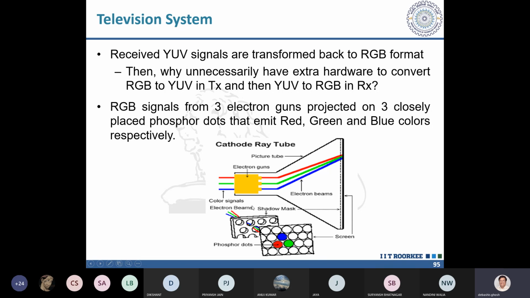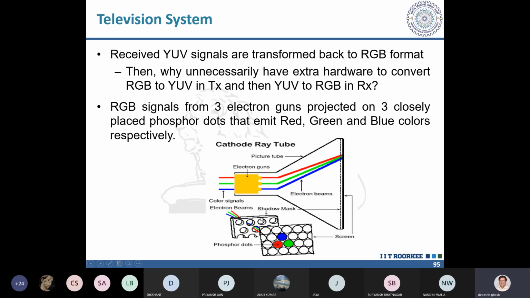Okay, and then this RGB signal is put into the picture tube. In the picture tube, now here I will be having 3 electron guns. 3 electron guns will be falling at 3 different closely spaced types of phosphorus. One beam will be falling here, one beam here, one beam here.